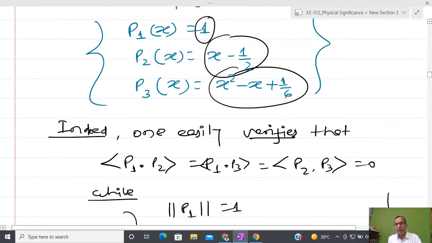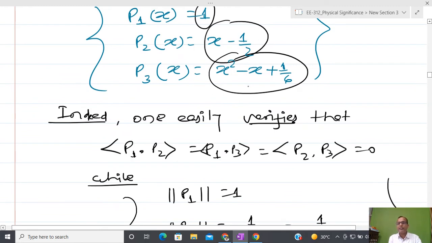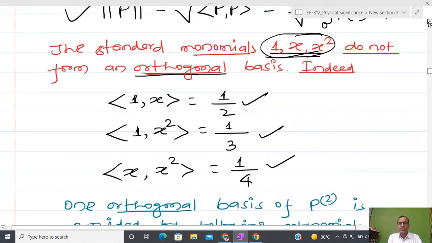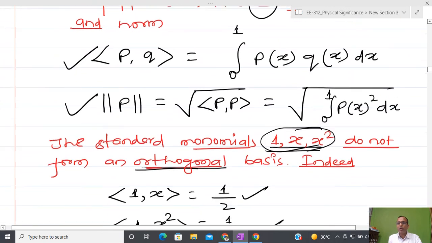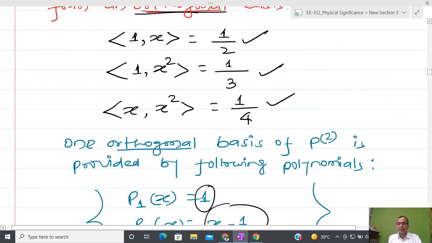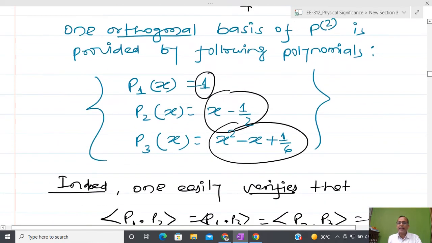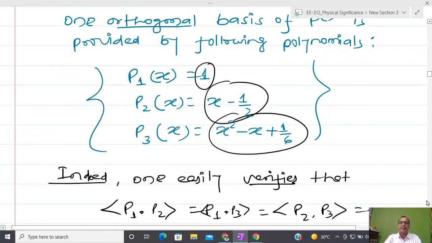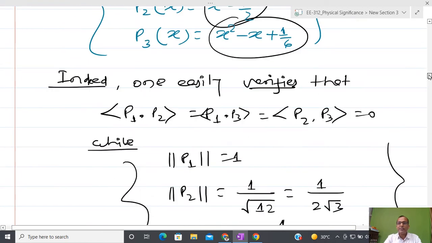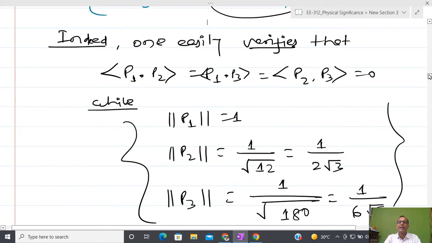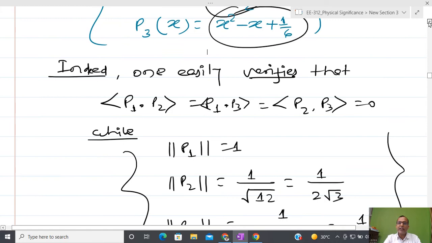Now it is possible to show that if you take these three vectors in the basis and calculate their inner product using the L2 norm, the inner product is 0. Whenever the inner product is 0, I can conclude that these three vectors, in the polynomial space, form an orthogonal basis. In order to form an orthonormal basis, I have to calculate the magnitude, or the norm.